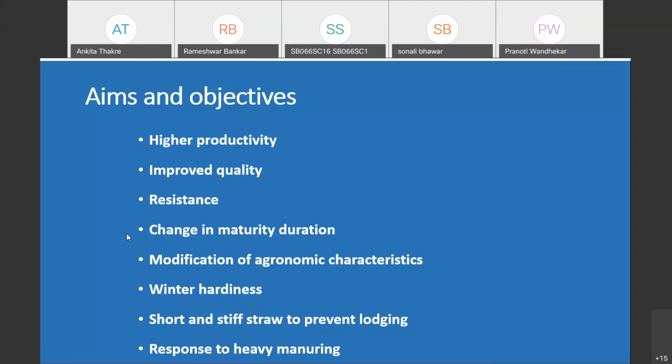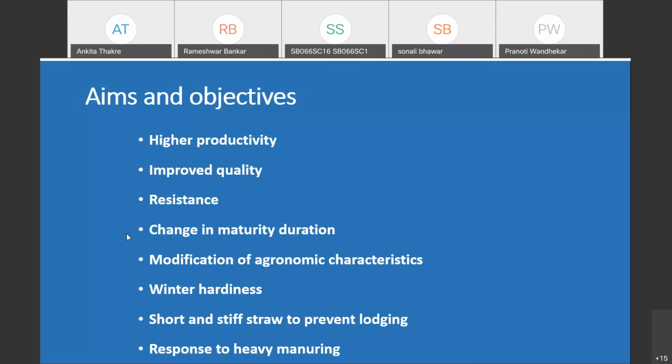Then certain special characters like the percentage of sugar in sugarcane, the protein content in pulses, stronger, longer, and finer fibers in cotton, and the appealing flavor in apple.